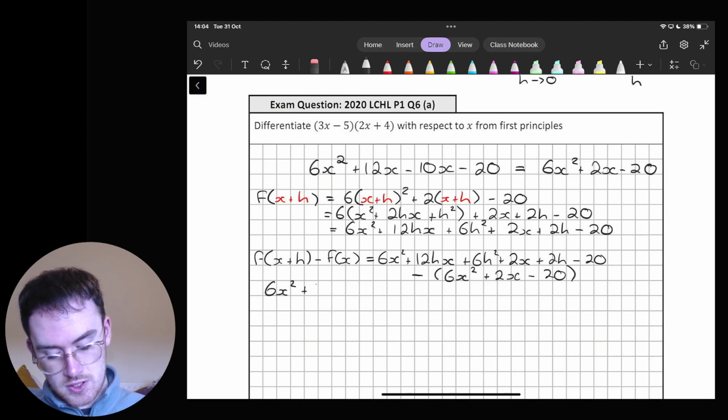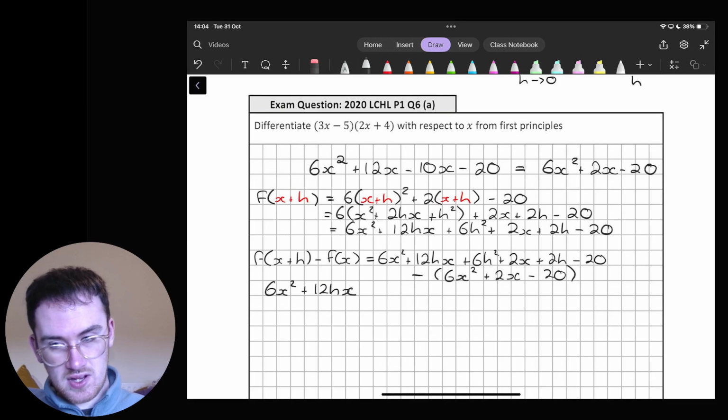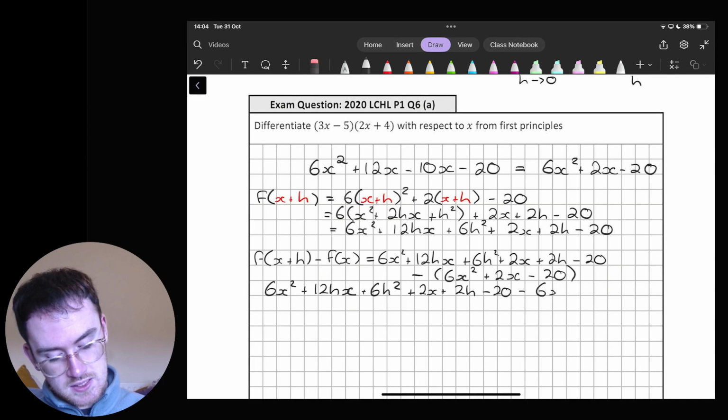So 6x squared plus 12hx, quite a long expression here, plus 6h squared plus 2x plus 2h minus 20, minus 6x squared minus 2x plus 20.